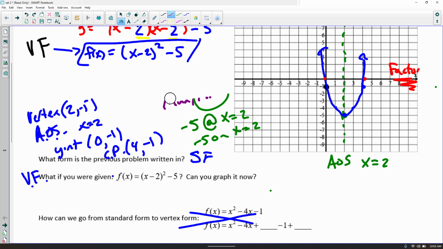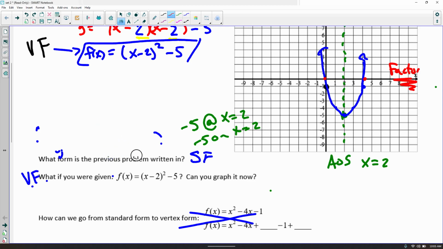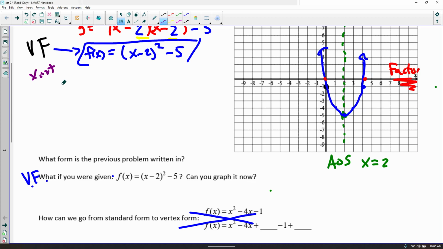What did we call the points where the red dots are? X-intercepts. How do you find x-intercepts? This would be 0 equals (x minus 2) quantity squared minus 5. Again, you just follow along. We set it equal to 0.